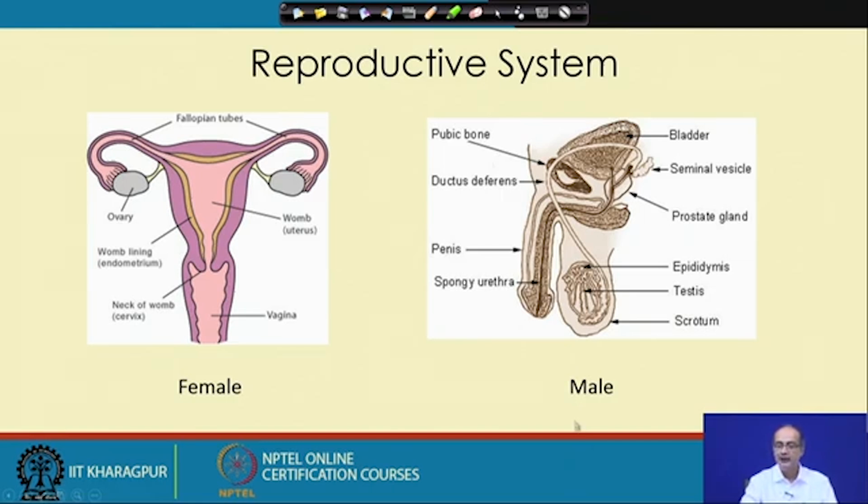The male organ gives the sperm, and in the female organ the eggs are generated here, and they come through the fallopian tube, and the sperm meets here. Once they get fertilized, they settle somewhere on this wall in the womb, and both the cells come together and merge.